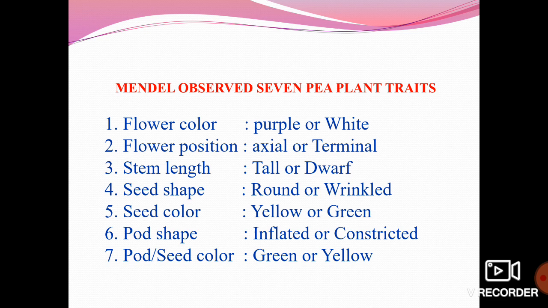These 7 characters, as you can see, were: flower color, purple or white; flower position, either axial or terminal; stem length, a tall plant or a dwarf plant; seed shape, round or wrinkled; seed color, yellow or green; pod shape, flattened or constricted; and pod color, green or yellow. So these are the 7 contrasting characters that Mendel took.